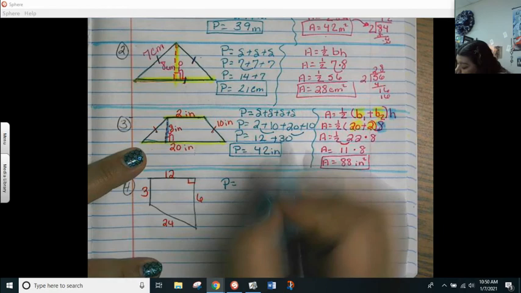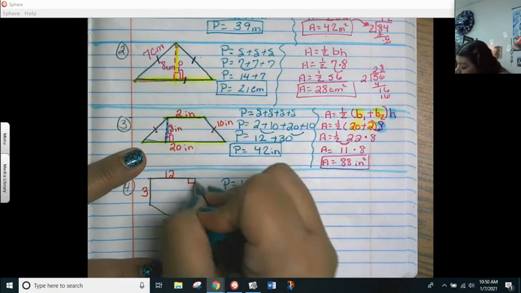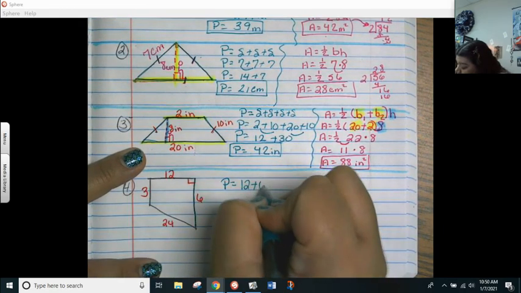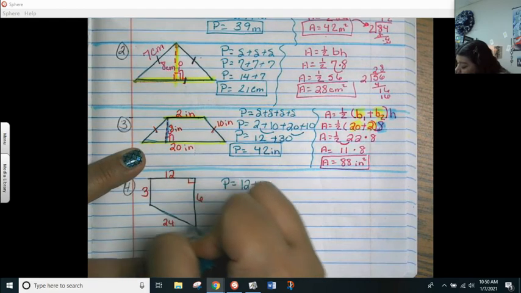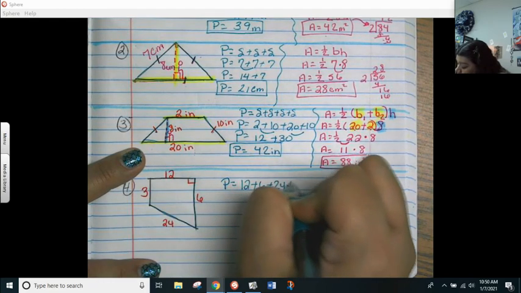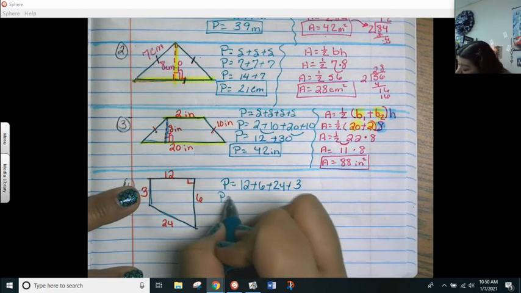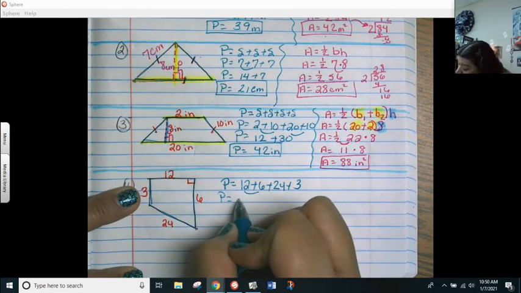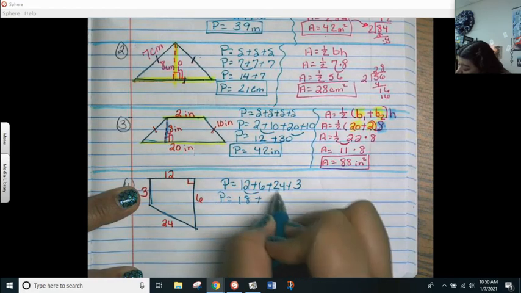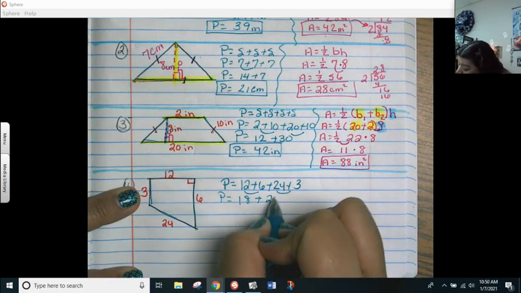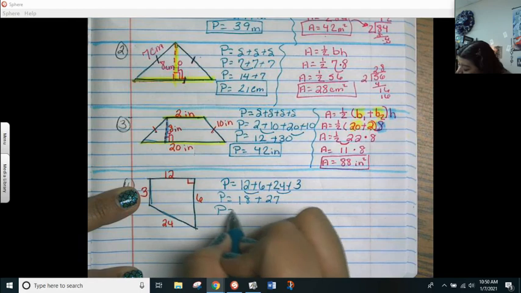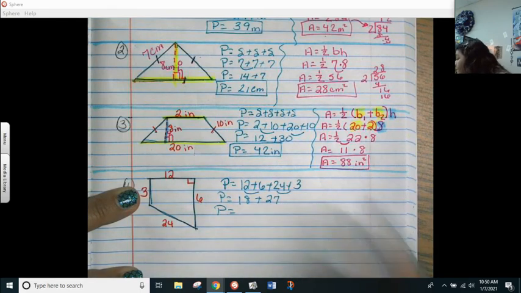I have a 12 and a 6 and a 24 and a 3. Now we have to add. These 2 is 18. These 2 is 27. And then 18 and 27.